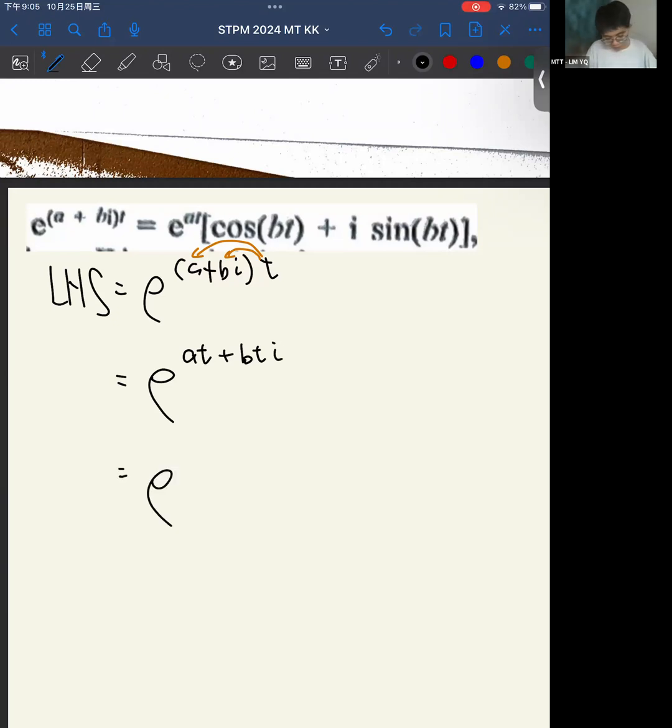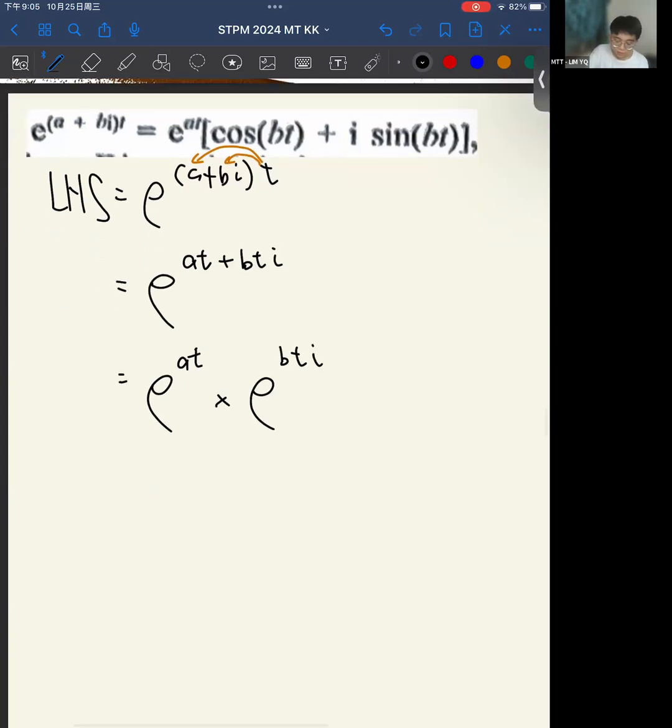Now by the index law, when you add in the exponent, it becomes multiplied, of the two numbers, e^(at) times e^(bit). Now e^(at) is already settled because it is what we want. We want to show that this one is exactly the same as this one. So we somehow need to use Euler's formula.